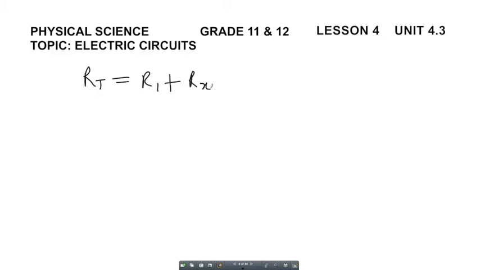And again, the point of emphasis is that Rx is the representation of those unique resistors. Because in this case, our Rx, remember, is the parallel combination.